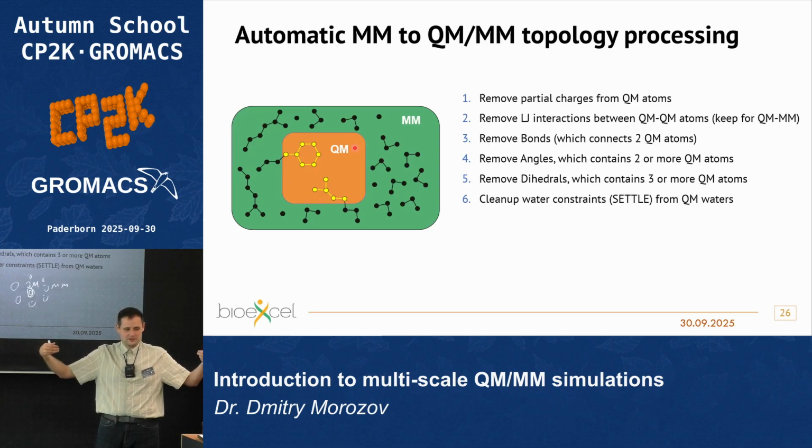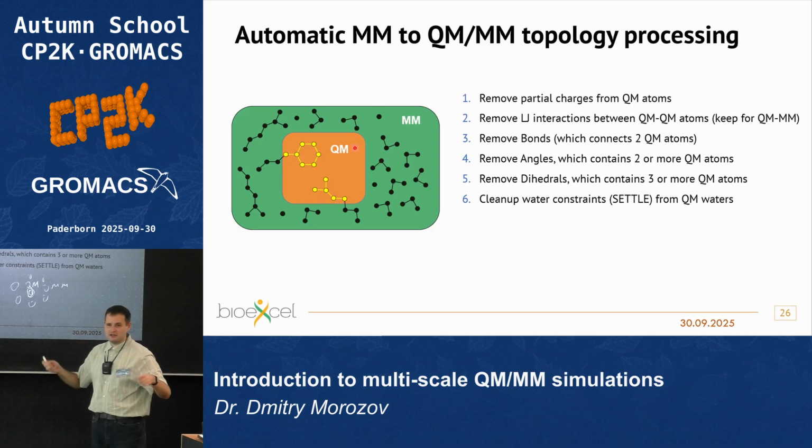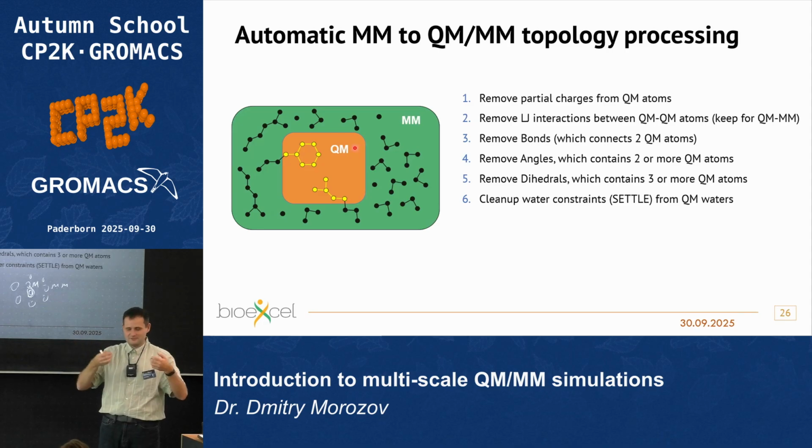Why is it so? Because the electrostatic interaction with the point charges or with the classical charges is stronger than the interactions between the QM electrons. It can be very simply understood because the point charges have only electrostatic interaction, mostly attraction in that case.